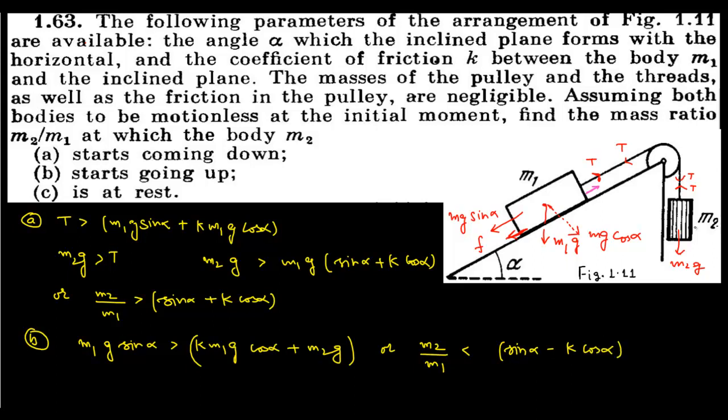So M2 going up is only possible when the M2 by M1 ratio is less than this value. Clear?